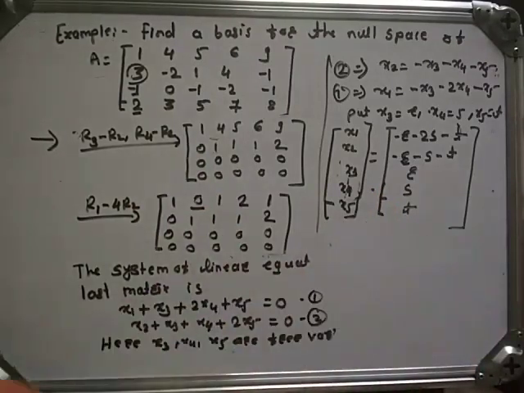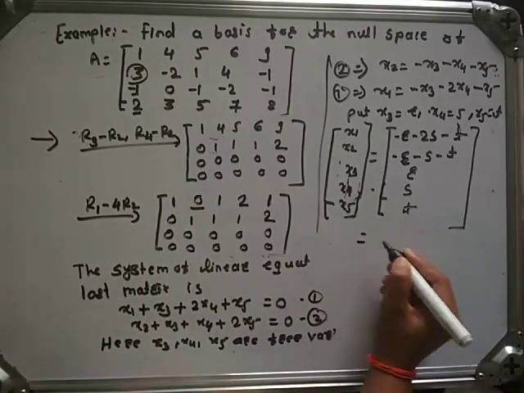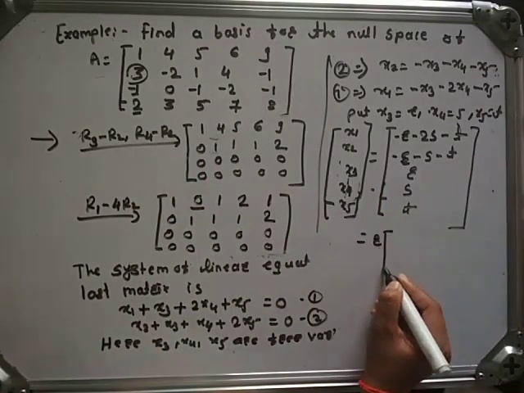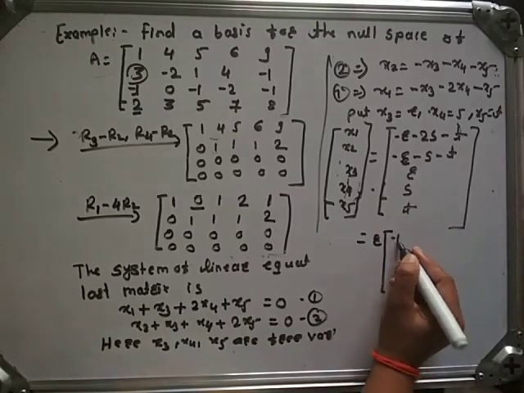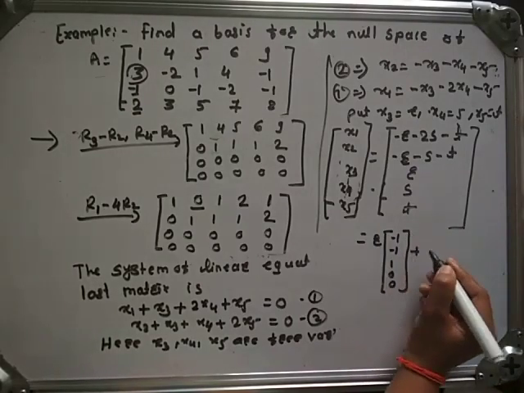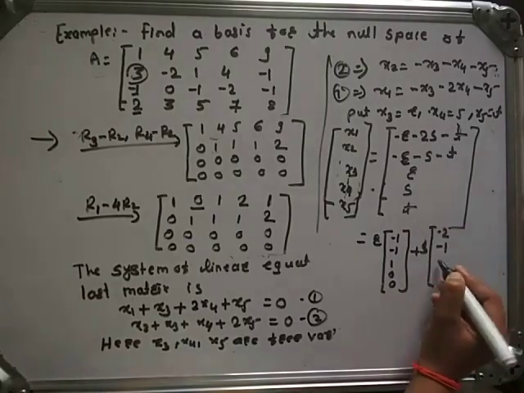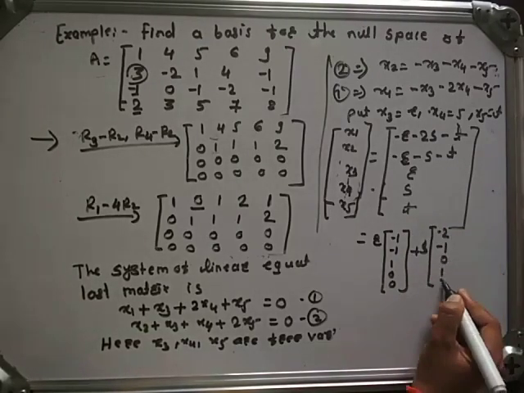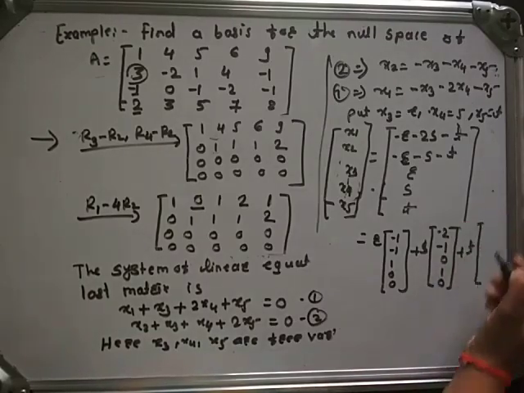Now we have to find the basis for the null space of A. See here students, this can be written as R into minus 1, minus 1, 1, 0, 0 plus S into minus 2, minus 1, 0, 1, 0. Okay. Plus T into minus 1, 0, 0, 0, 1. Okay.